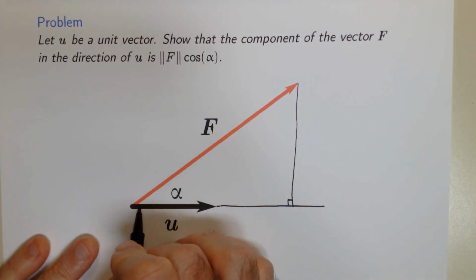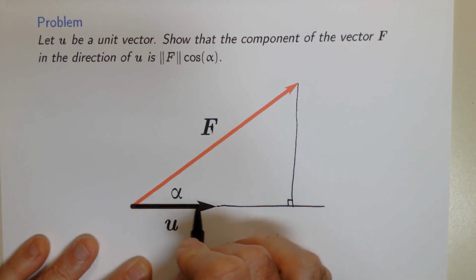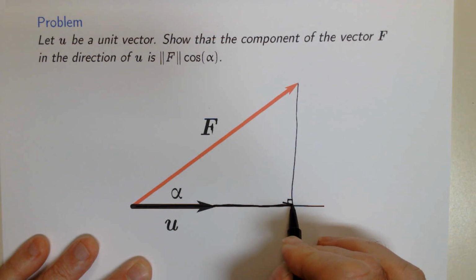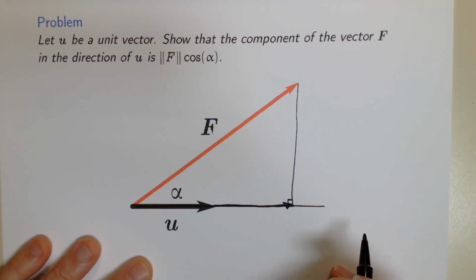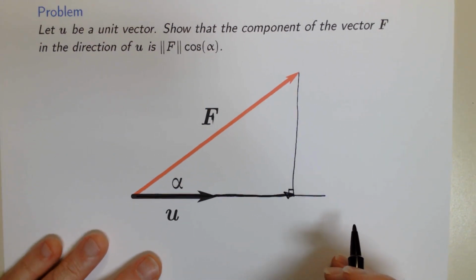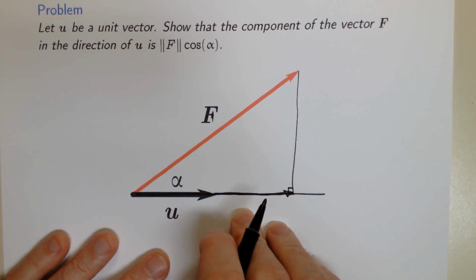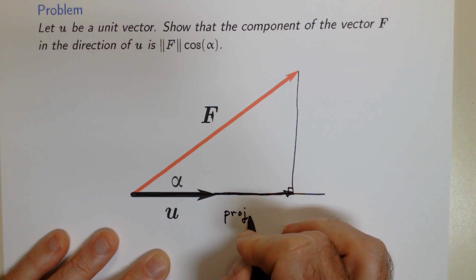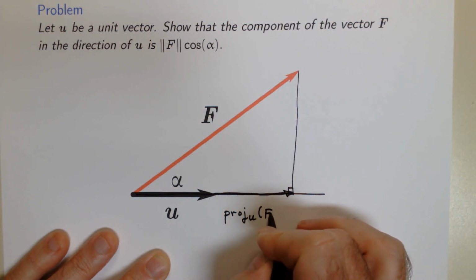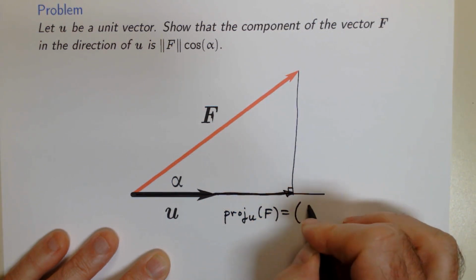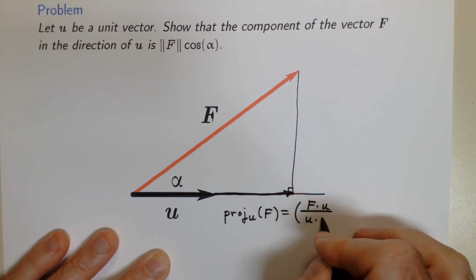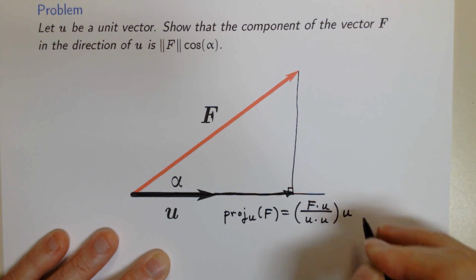So we're going to imagine stretching, in this case, the vector u until we achieve the projection of f onto u. And so we know that this projection can be calculated quite easily, right? So this is the projection onto the vector u of the vector f, and that's going to be achieved by f dot u divided by u dot u in the direction of u.